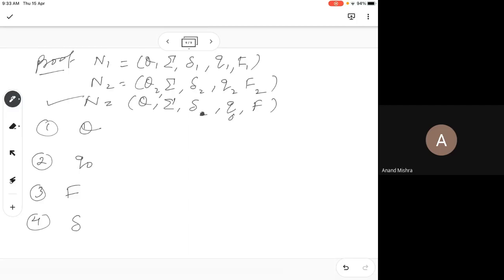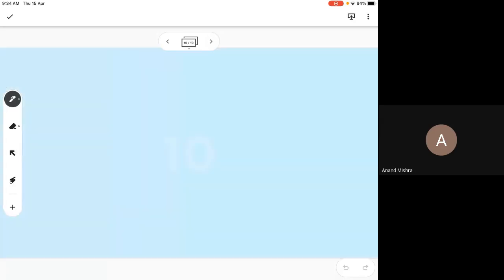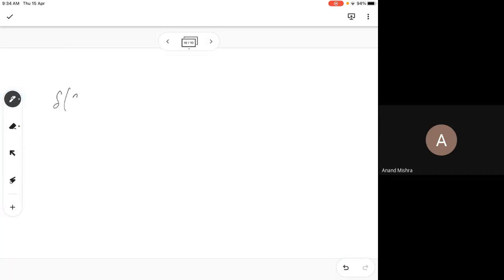So Q will definitely be Q1 union Q2. q0 will be q1. F will be F2. Correct. And del is always a problem, no? So for del we need to do slightly more, or maybe we need a separate slide for that. So del is defined by cases. When you are in N1, there are different cases.